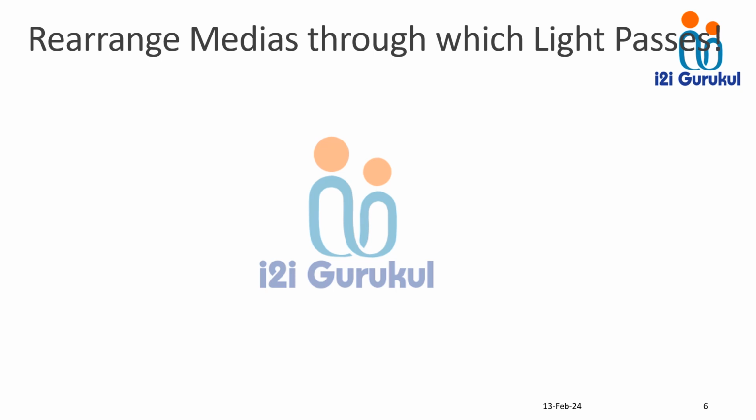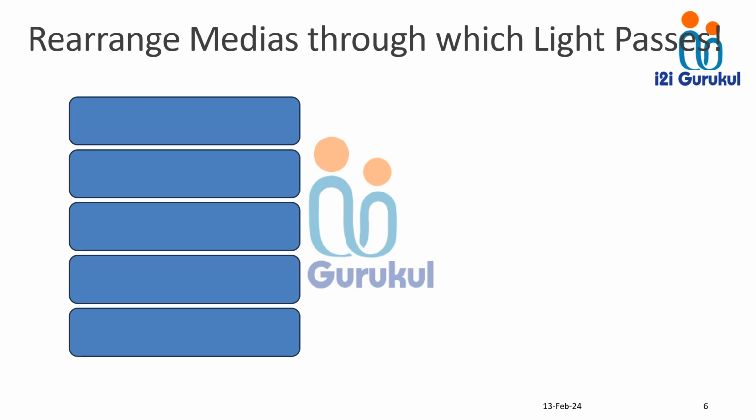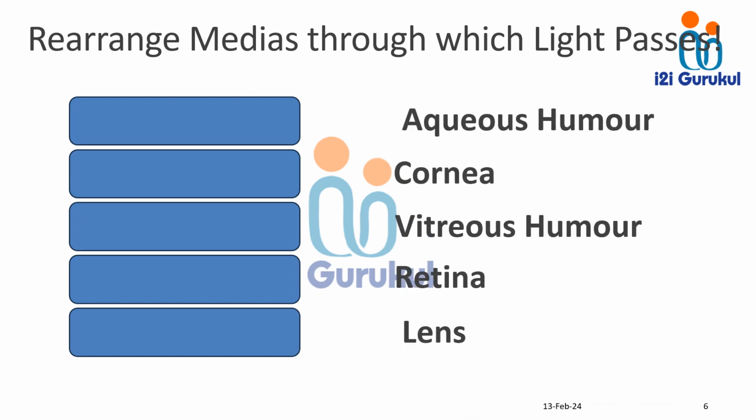So now we have options here for how the light rays travel from air to the ocular media. I have given multiple options here, so you have to rearrange the media through which light passes. These are the options available here on the screen. Can you recall the anatomy and visual pathway which I taught in the previous sessions?